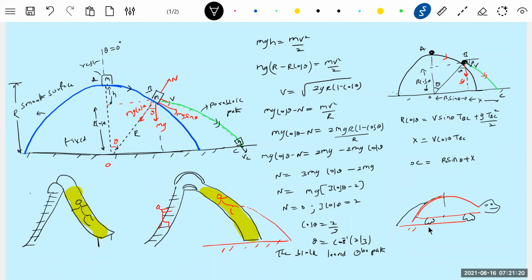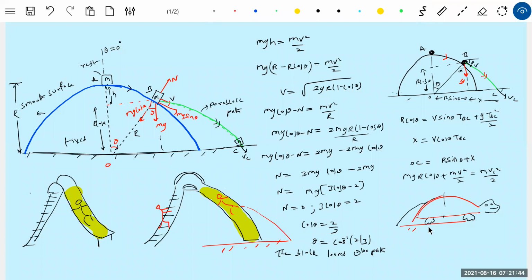If you want, I'll go for one more. mgR cos theta plus mv square by 2 should be equal to mvC square by 2. So the block will come and strike this point with a speed vC. At what distance? It is a projectile motion. And now here we have released it from rest.